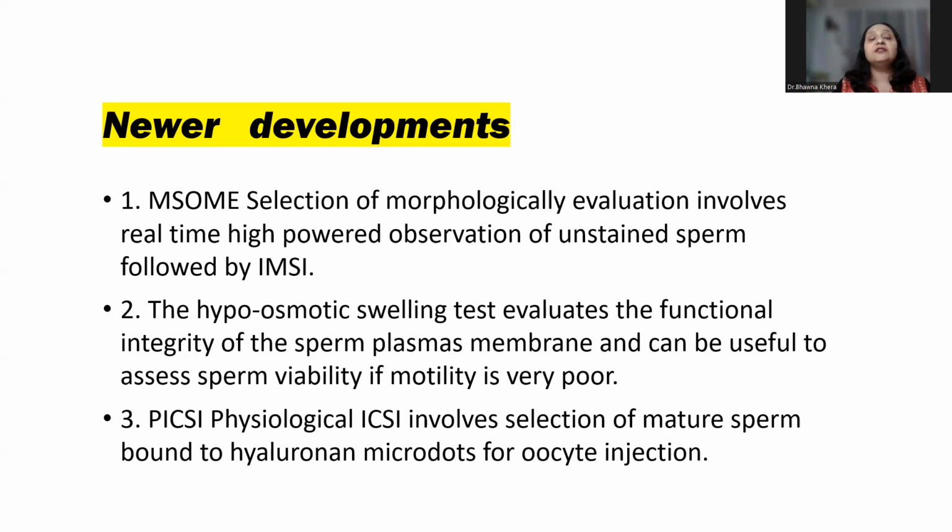In this case, you label these sperms with the hyaluronan microdots, and then they go and pierce the oocyte. So this is physiological ICSI. You are facilitating the sperm to go inside the oocyte cytoplasm. You are trying to mimic the physiological environment.